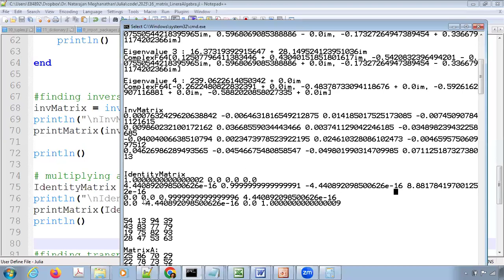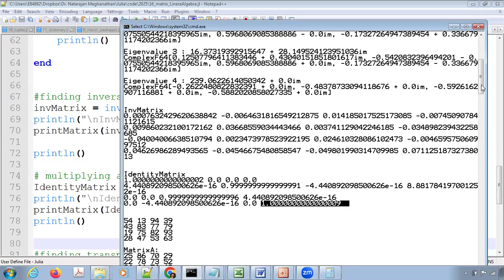The third row is 0, 0, 1, 0. The fourth row is 3 zeros followed by 1. That's the identity matrix I was talking about.